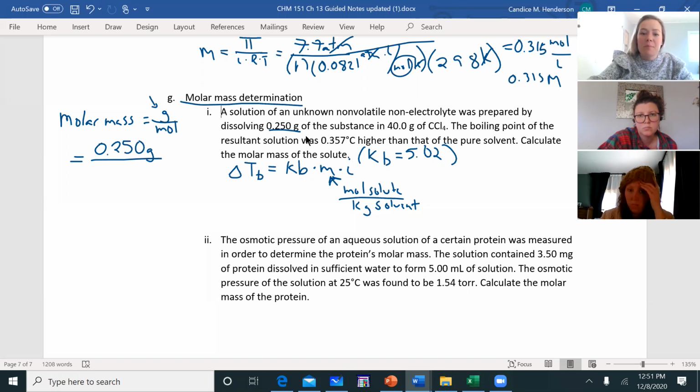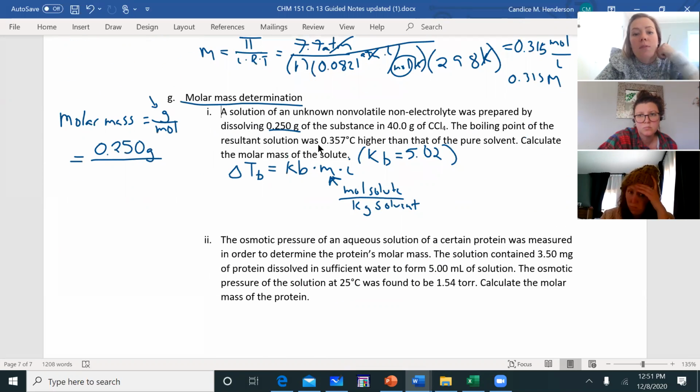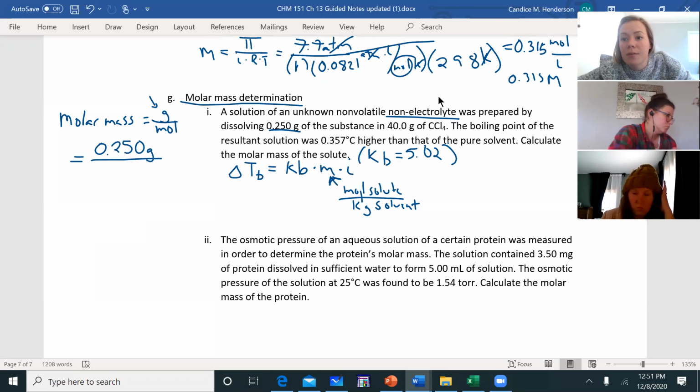Okay. So we've got our change in temperature. We've got our Kb value right here, and then we need our van't Hoff factor. So what is our i value? Well, this says it's a non-electrolyte. Non-electrolyte means that it's a factor of 1, right? So i will equal 1.